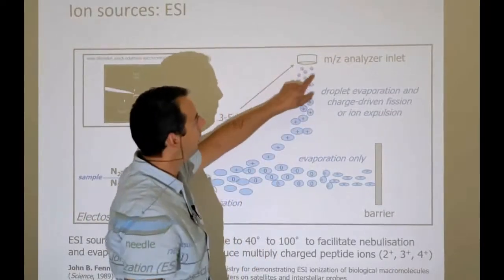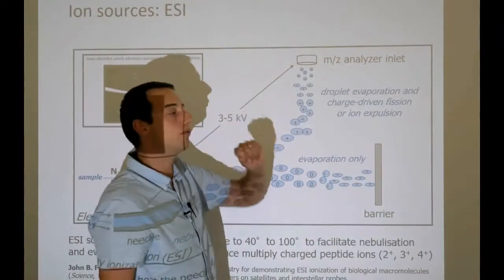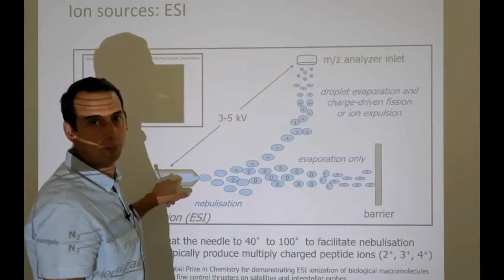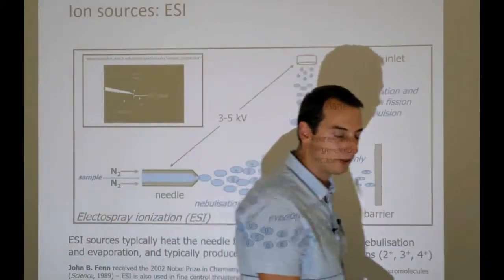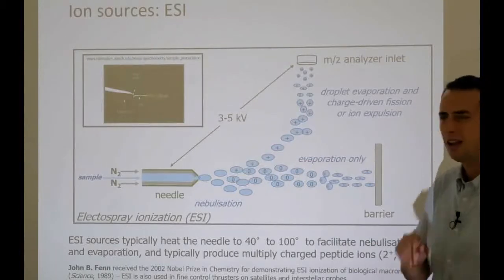And ultimately, that's what we hope makes it into the inlet of the mass spectrometer. And of course, the size of the needle has something to say with that, the height of the temperature, and to some extent also the voltage, because it determines the traveling time. So these kind of things are important in electrospray.